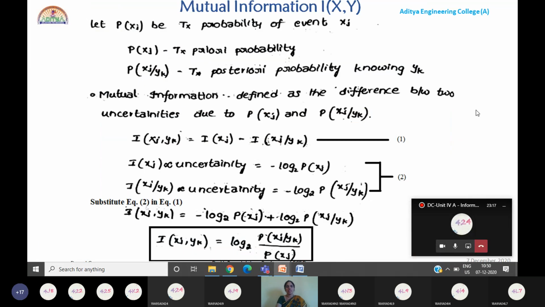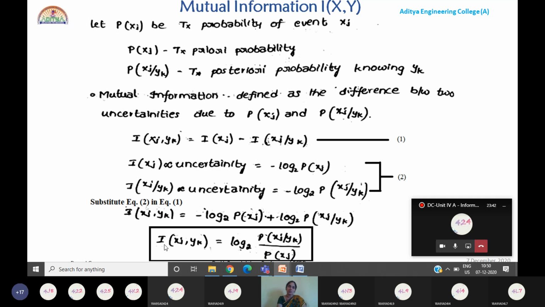Okay, so I of xj comma yk is minus log p of xj base 2 plus log p of xj by yk base 2. It is minus of minus, so it will be plus here. So that is log b minus log a, which is log b by a. So you can represent it as log of p of xj by yk divided by p of xj.